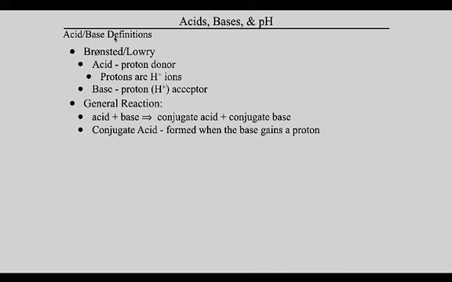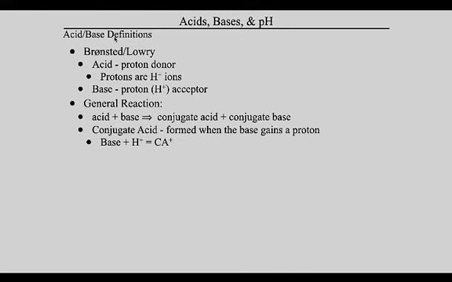So guys, you may prefer to see it written in equation form. And it goes like this. Base plus proton gives us the conjugate acid. But guys, be careful with the charges. So why does this say conjugate acid with a positive charge?